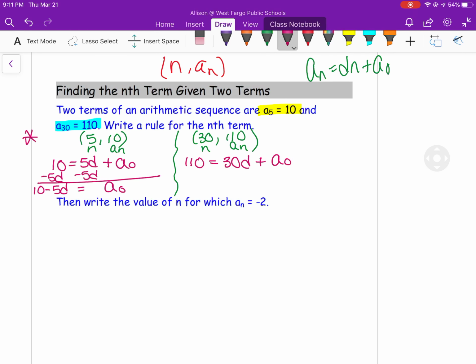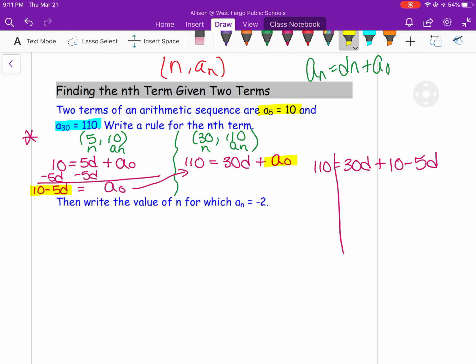Now I can plug that a sub 0, this 10 minus 5d, in for this a sub 0 over here. So a substitution, similar to what we've done before. 110 equals 30d plus, now I'm substituting in this a sub 0, so plus 10 minus 5d.